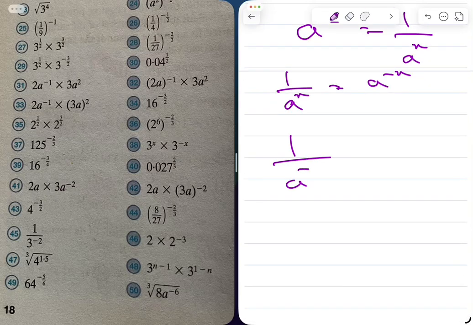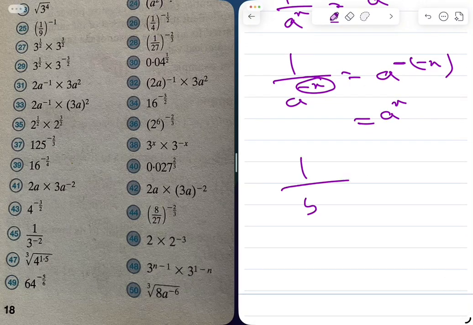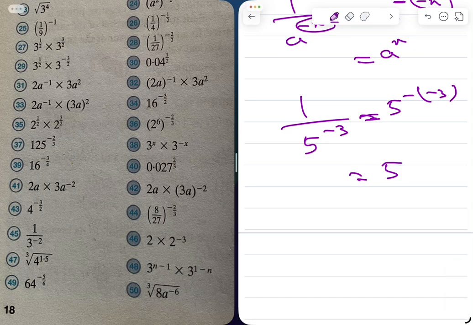And if the power of the denominator is already negative, then 1 over a raised to the power minus x will be a raised to the power x. So if I say 1 over 5 raised to the power minus 3, it will be the same as 5 raised to the power minus into bracket minus 3, and minus times minus is plus, so that's 5 raised to the power plus 3, which is 125.